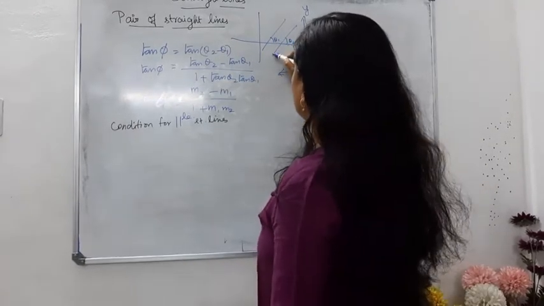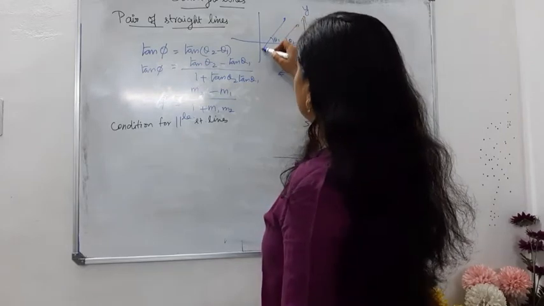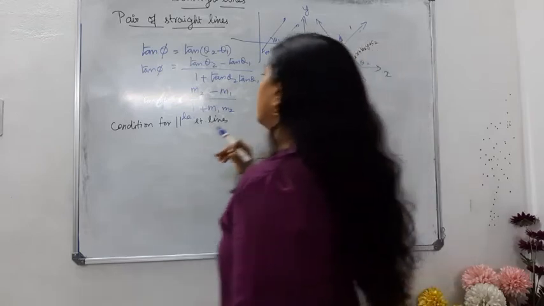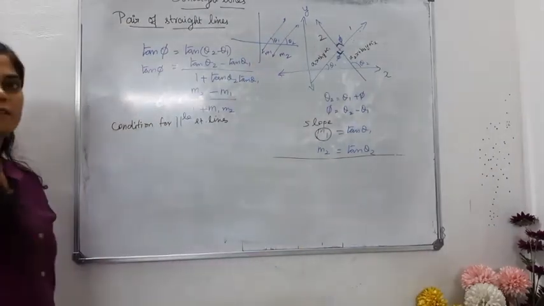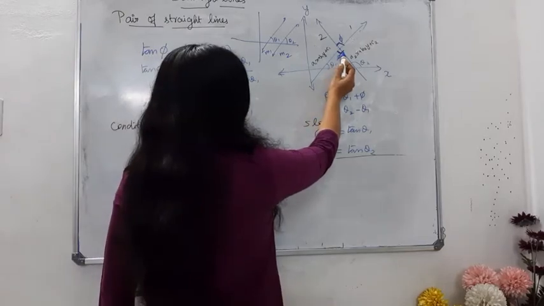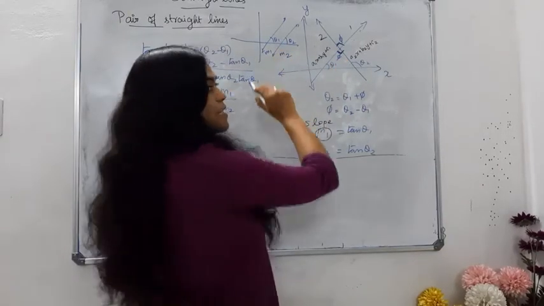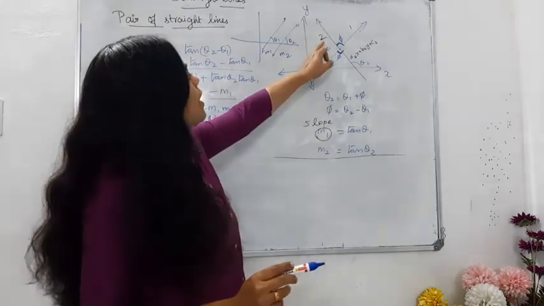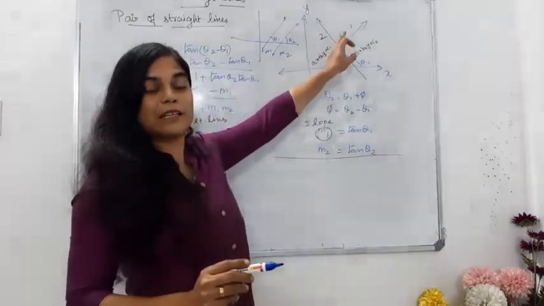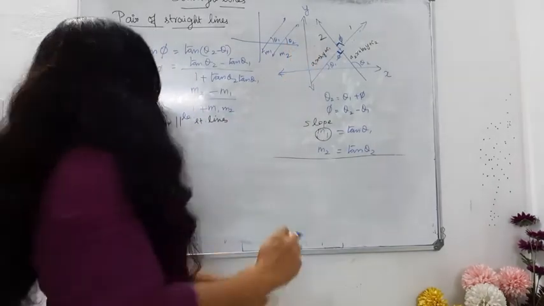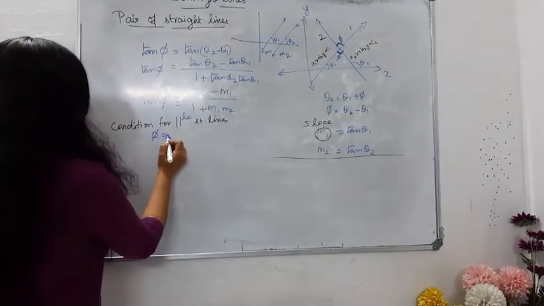And also these two straight lines have the same slopes. m1 should be equal to m2, or tan theta 1 is equal to tan theta 2. There is no point of intersection, right? Parallel lines don't meet each other. So the angle between the two parallel straight lines is 0. Now phi is 0, right?